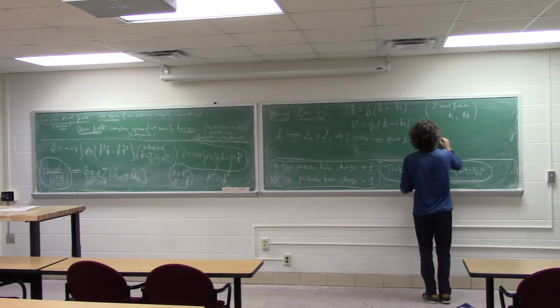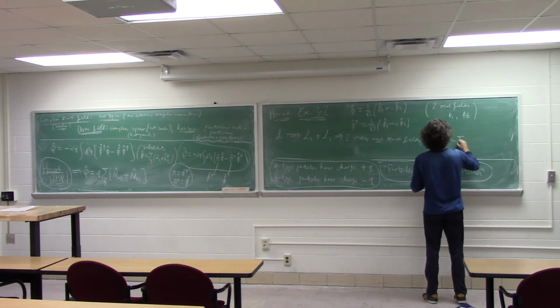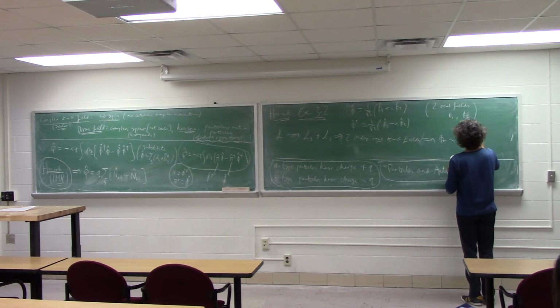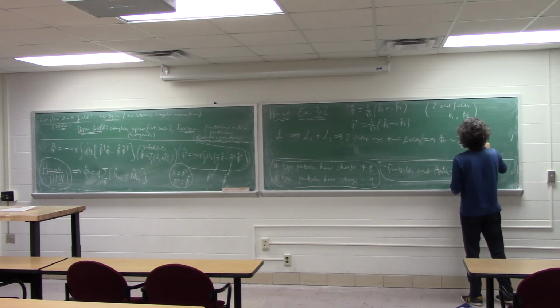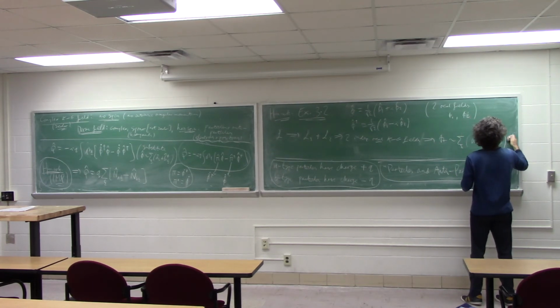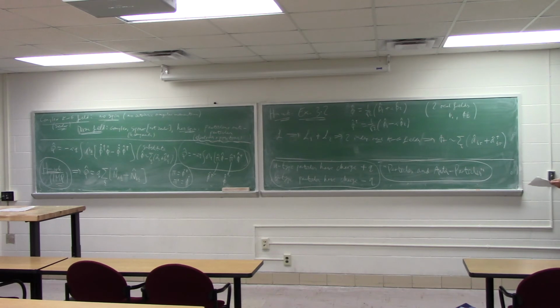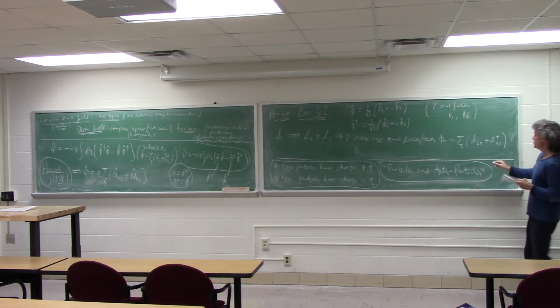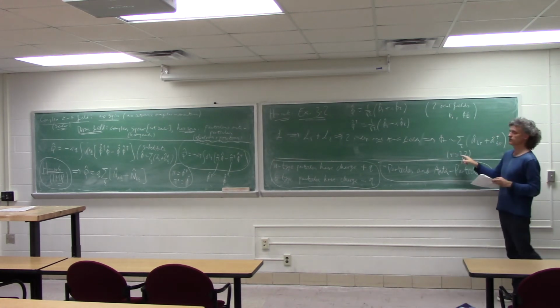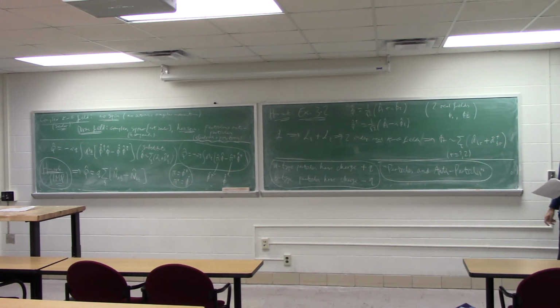And for each one I can write my usual expansion. Here I'm just sketching what you're asked to do in the homework problem: two independent real Klein-Gordon fields labeled as 1 and 2.